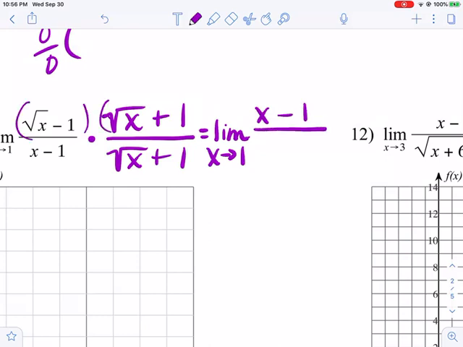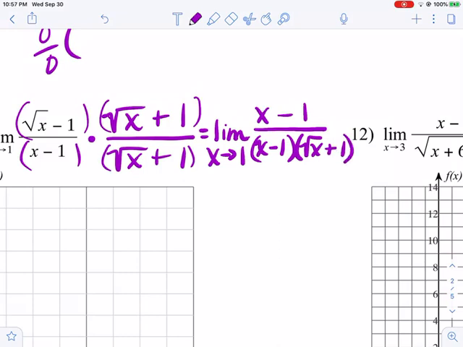That's because we have the difference of 2 squares there. That's just going to be square root of x times square root of x. You could FOIL it if you want to double check it. And then at the bottom, we don't want to multiply this through. We're going to leave it just like this as x minus 1. And it kind of makes sense now, because we want the x minus 1 to cancel.